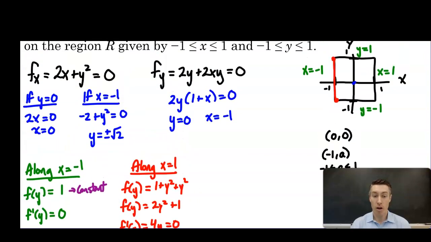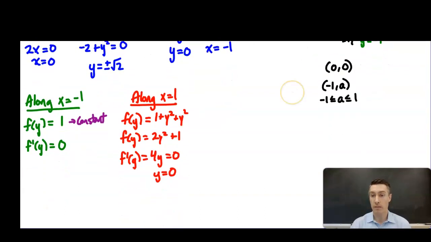So (1, 0) rather, (1, 0) right there, that's a potential critical point. And we also have to include the endpoints of x equals 1. So we're adding 3 more points to our list. So (1, 0), (1, 1), (1, -1).